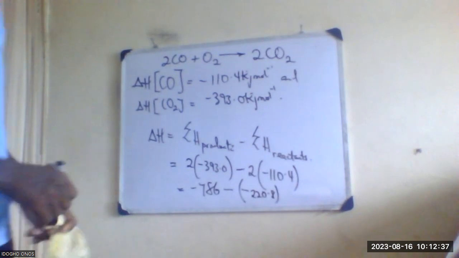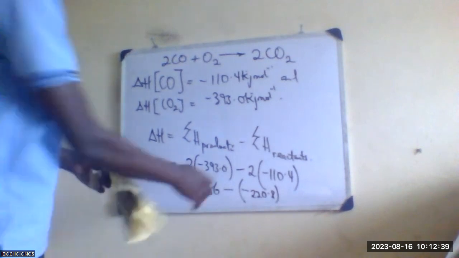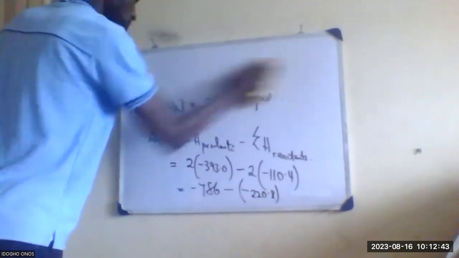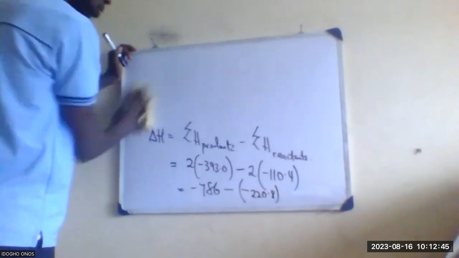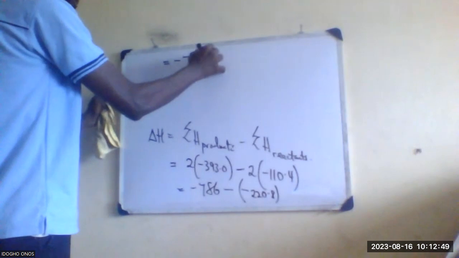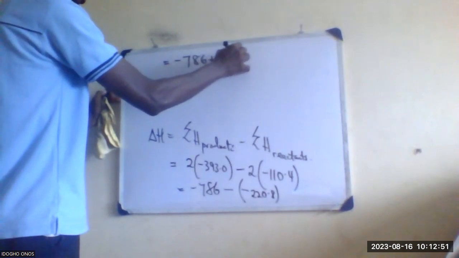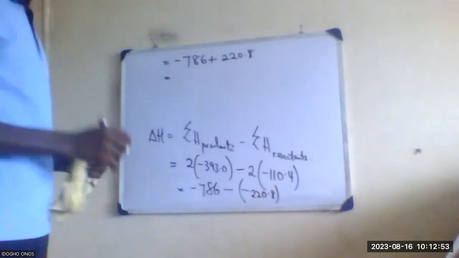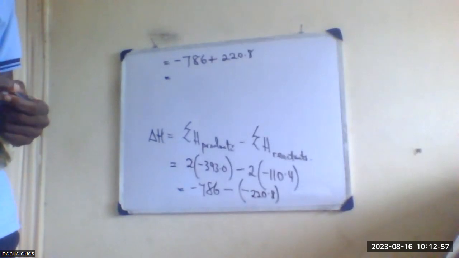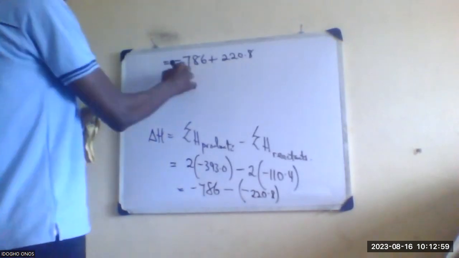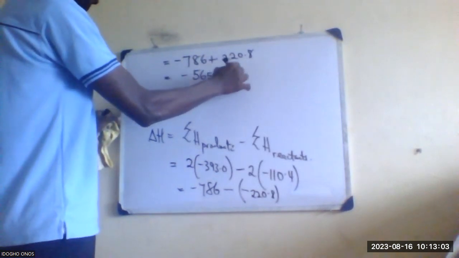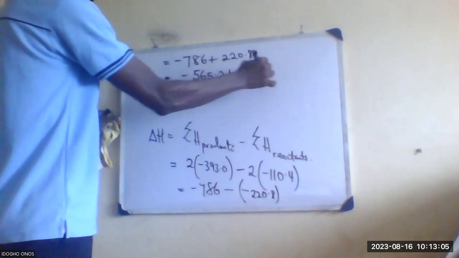Okay. Then minus times minus gives me plus. So that becomes minus 786 plus 220.8. If you do that, it should give you a negative value of minus 565.2 kilojoules per mole.